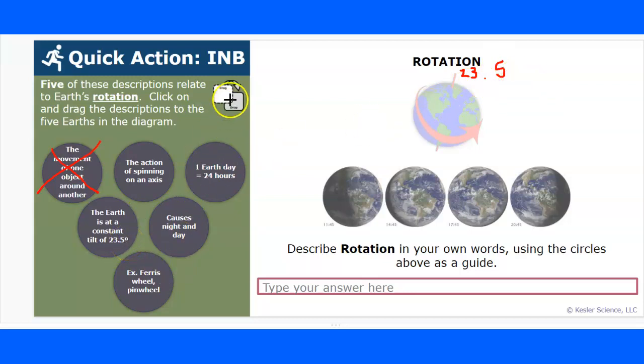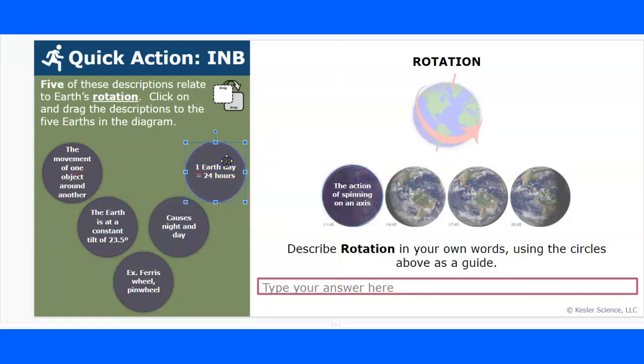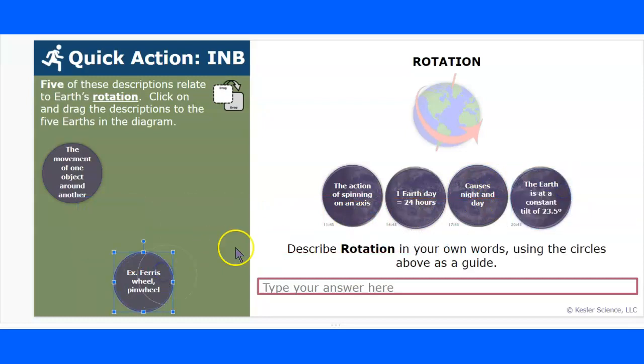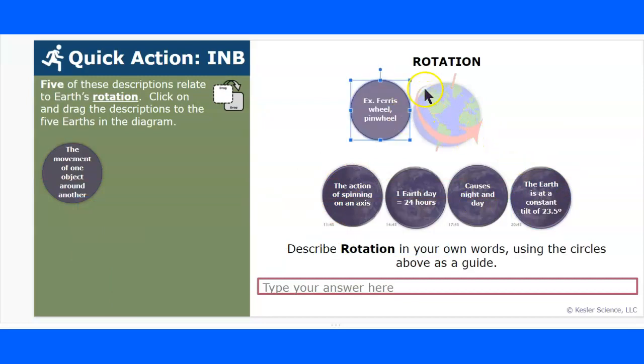All right, so we are going to drag over these items. The fifth circle, you can put on this Earth, but I'm going to put it next to it because I want you guys to notice that the spin goes around. All right, describe rotation in your own words using the circles above as a guide.